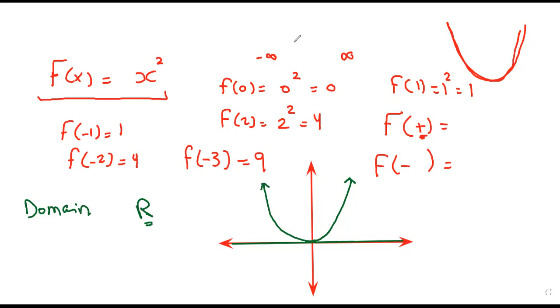What about the range? The range is the span of y values, the span of y for all values of x. And as you see, we can find, as I said, any value of x, and any value of x gives us values in y, starting from 0 to reaching positive infinity.